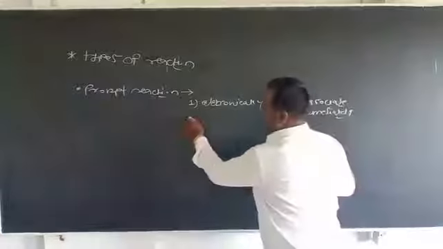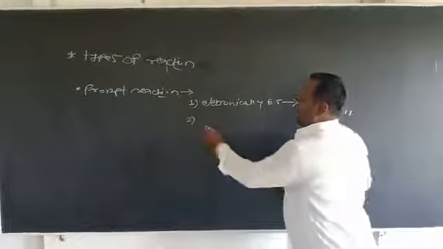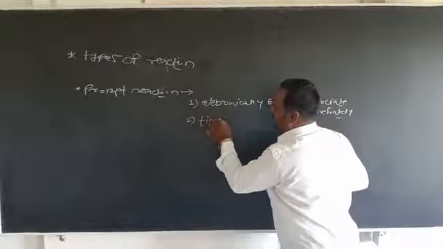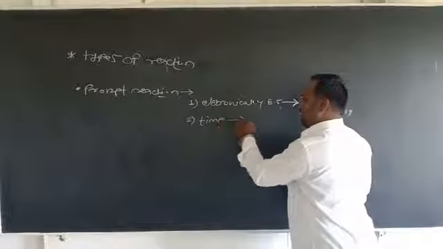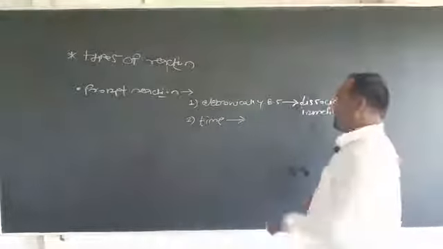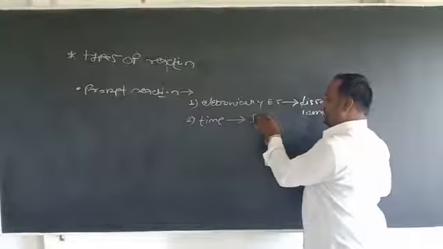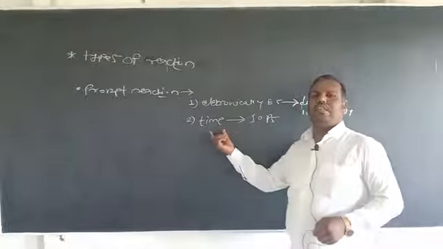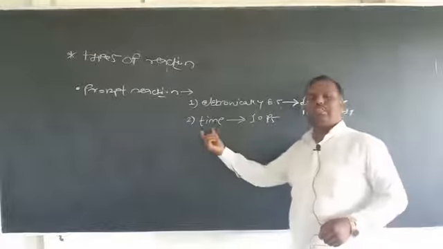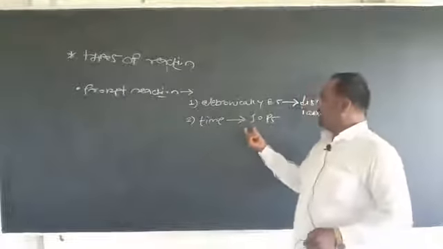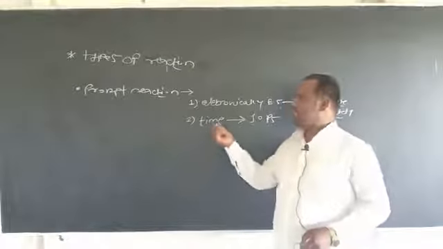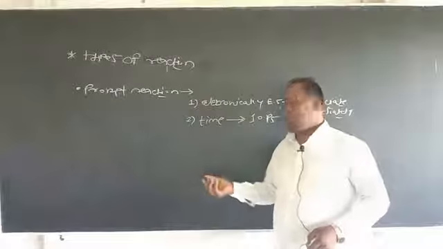Second, the time requirement for this prompt reaction is less than 10 picoseconds, that is, within 10 picoseconds the activated species, or the excited species, is converted into the product.